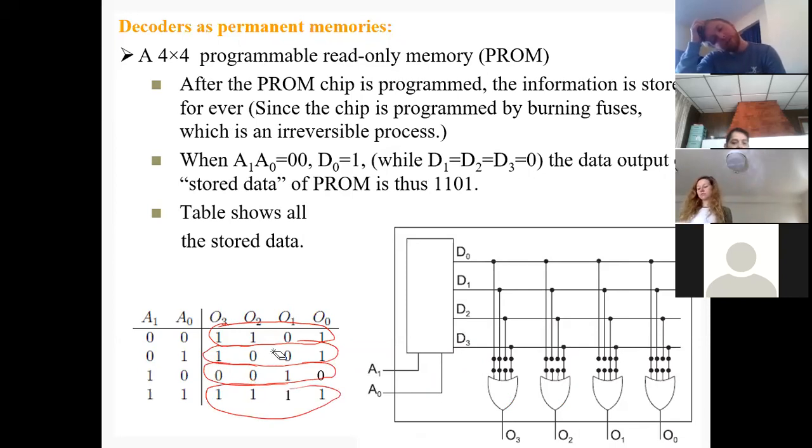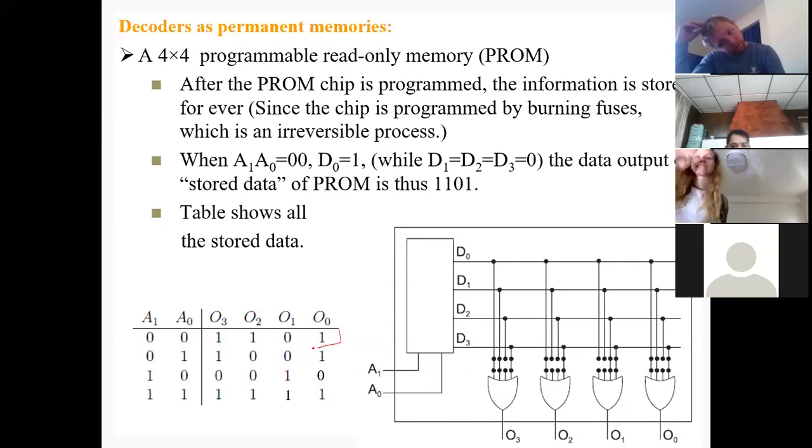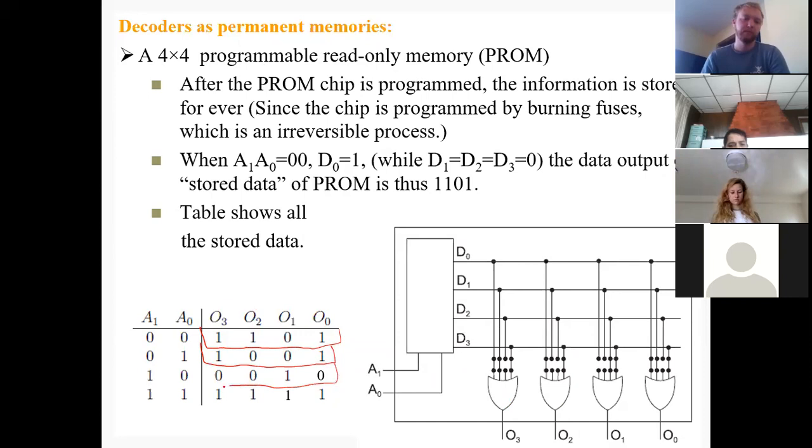Remember, computers don't understand anything other than 0 and 1. Everything is 0 and 1, right? We have to decode eventually, right? So I want to store 4 words of 4 digits. This is one word of 4 digits. This is another word of 4 digits. This is another word of 4 digits. This is the 4th word of 4 digits.